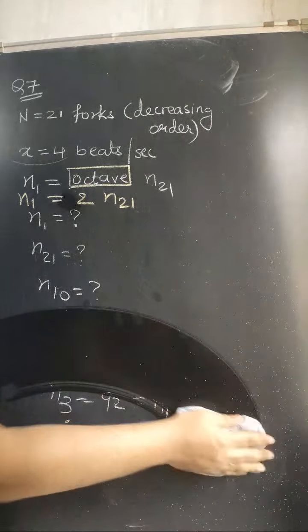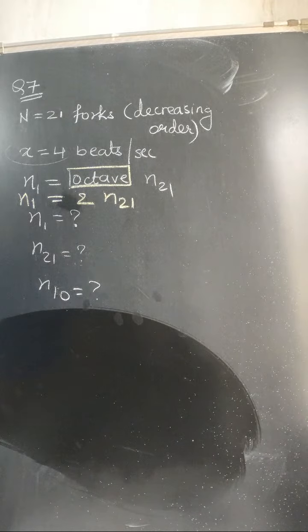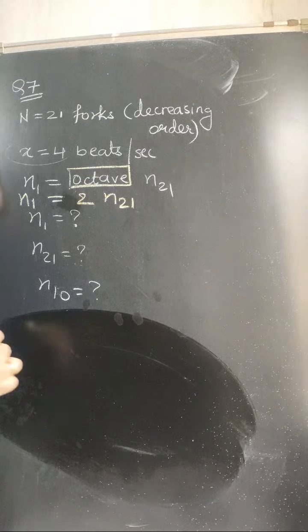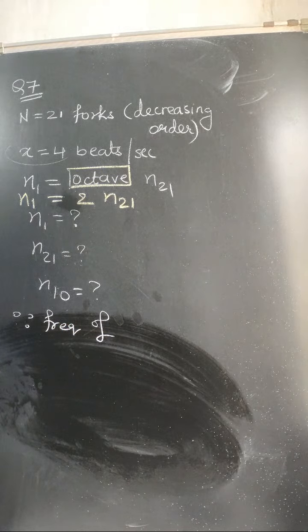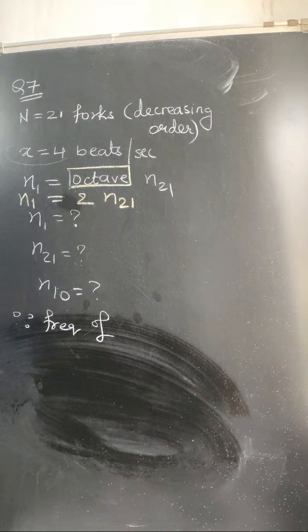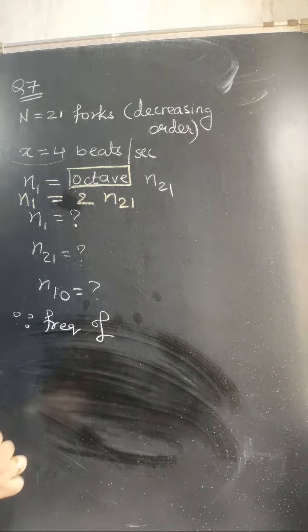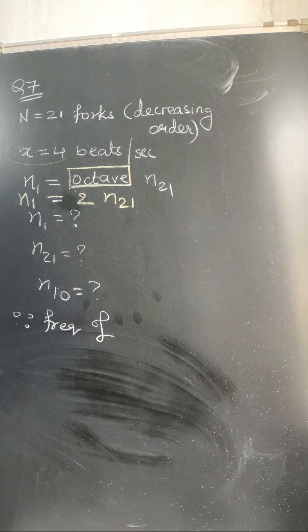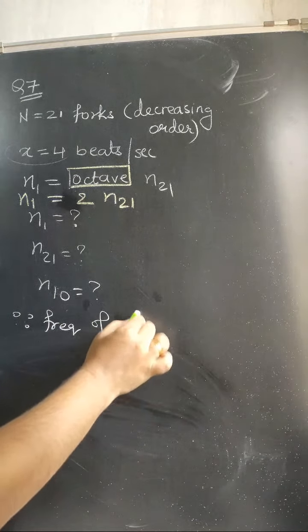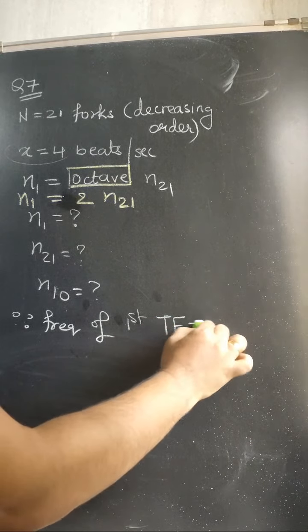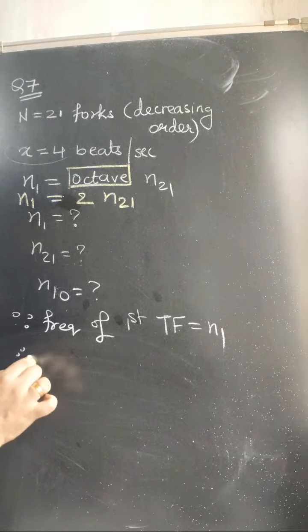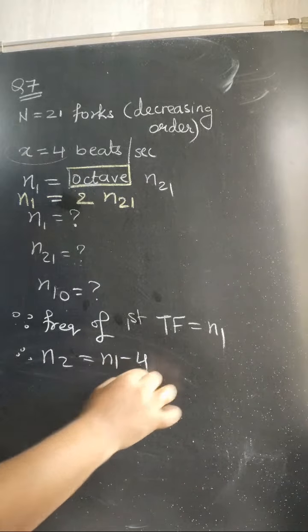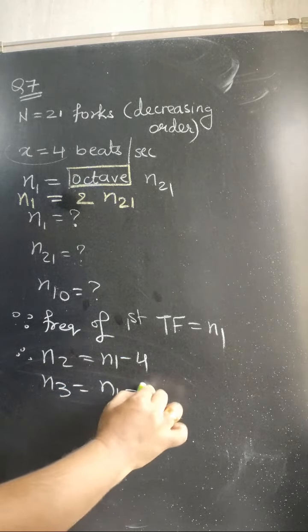Based on this, we are going to write generalized equations. Since the frequency of the first tuning fork is N1, therefore N2 is going to be N1 minus 4, N3 is going to be N1 minus 2 into 4.